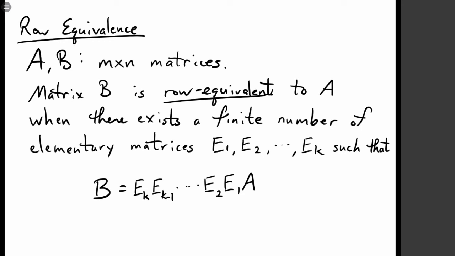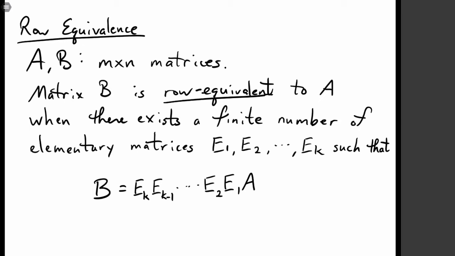In order to nail down why we're so interested in being able to make two matrices row-equivalent, I'll give you a spoiler. Remember, the way we find the inverse of a matrix was we write down the matrix and then adjoin the identity.